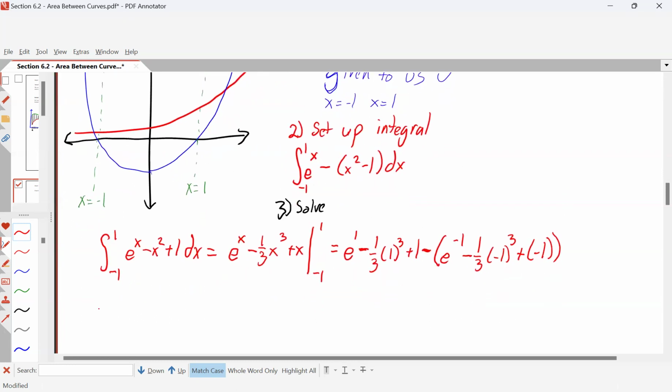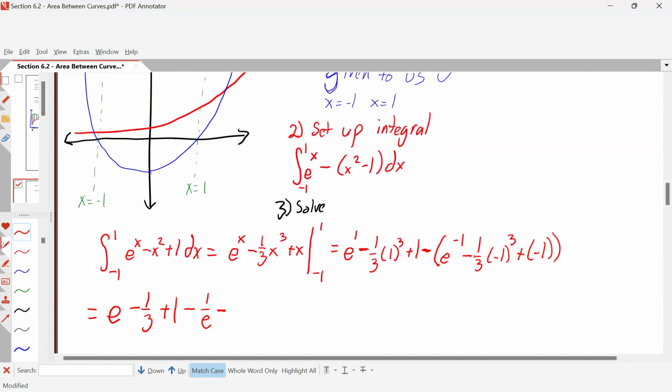Simplifying this out, we have e minus 1/3 times 1 cubed is 1 plus 1 minus 1 over e minus negative 1/3 times negative 1 cubed. Negative 1 cubed is still negative 1. Negative 1/3 times negative 1 is a positive 1/3.